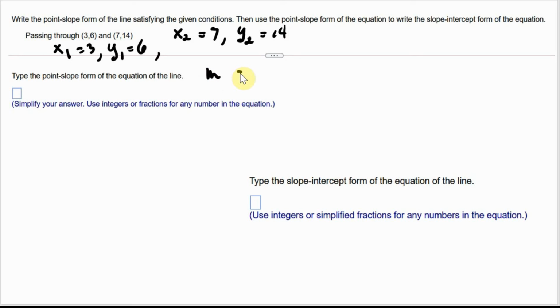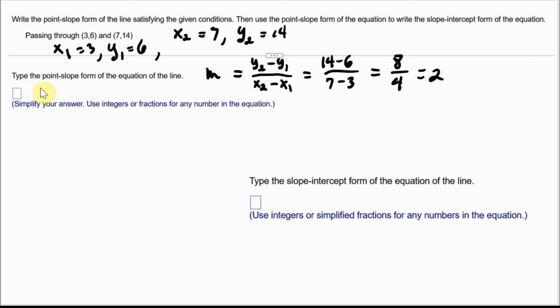The slope is y sub 2 minus y sub 1 all over x sub 2 minus x sub 1. So that becomes the difference of the y values, 14 minus 6, all over the difference of the x values, 7 minus 3. So up top, I have 8 over 4, I get 2.